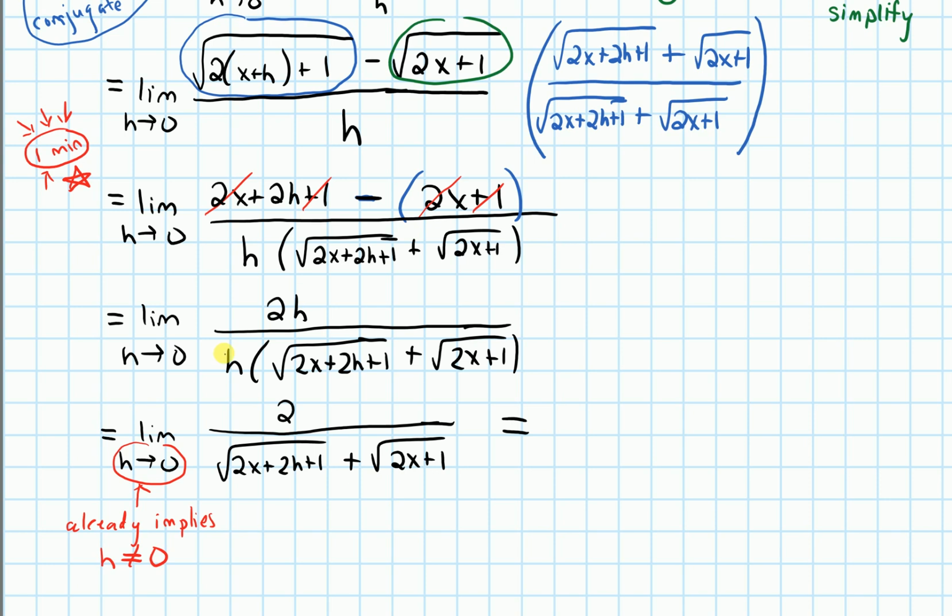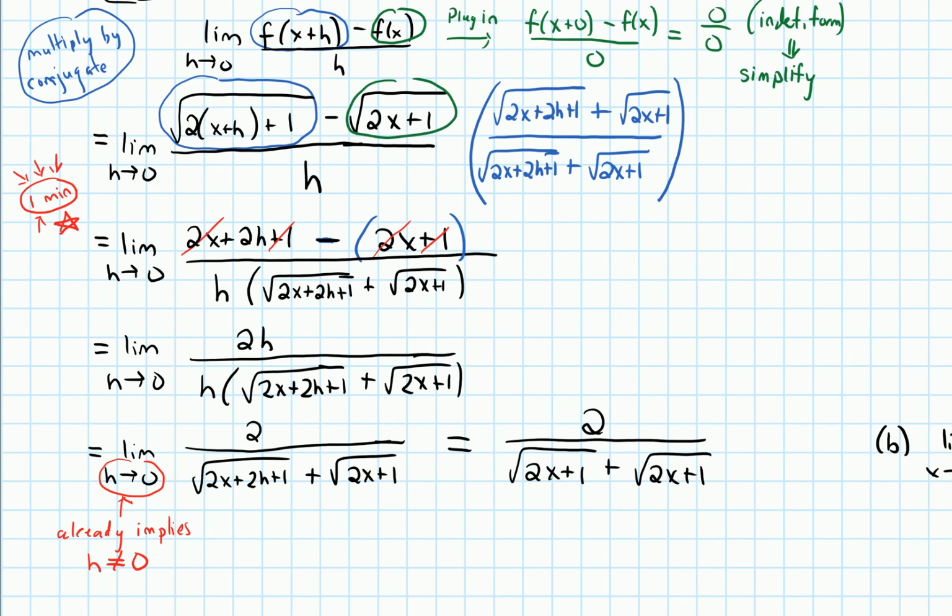And once that h is canceled, now let's plug in. So when we plug in, we get 2 on the top because there's nothing to plug into. On the denominator, I'm going to plug in 0 for the h, and that gives me 2x plus 1 in that first square root. Second square root, again, is just 2x plus 1. There's no h in the second square root, so nothing happens when I plug into the second square root.